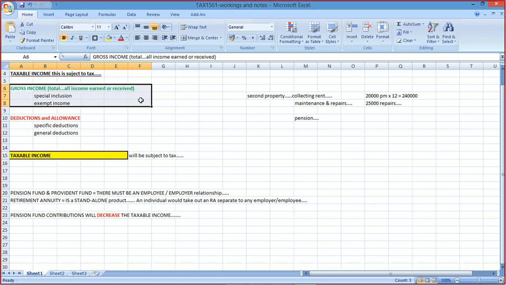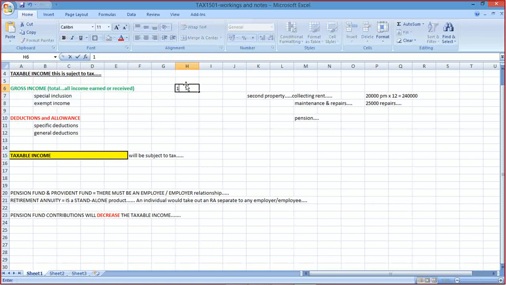Let's say the income is 10,000 and the pension contribution is 200. What is the taxable income going to be? 9,800, because I get to claim that benefit against my gross income. So I actually end up paying less tax.